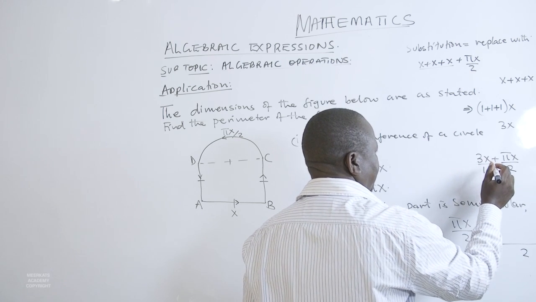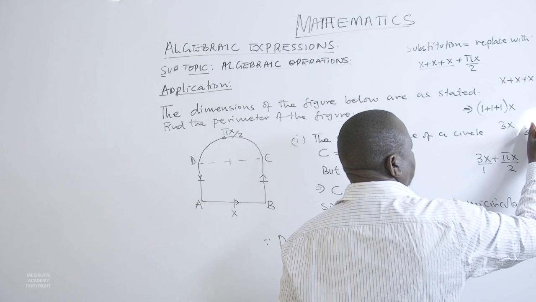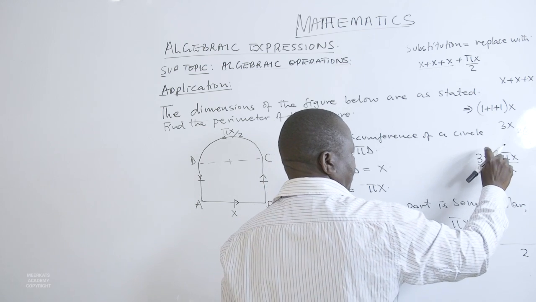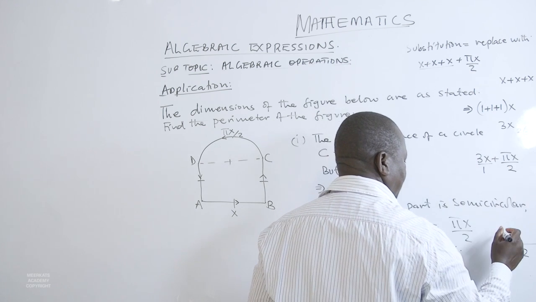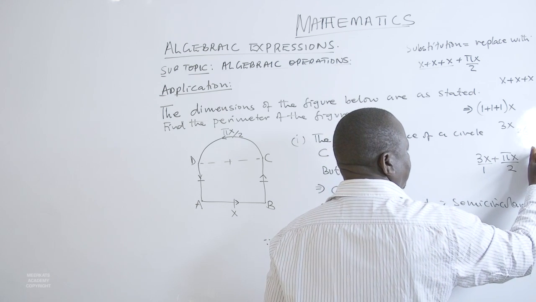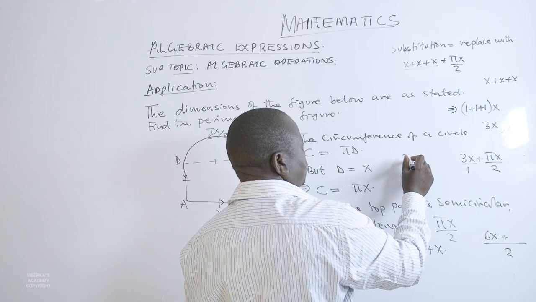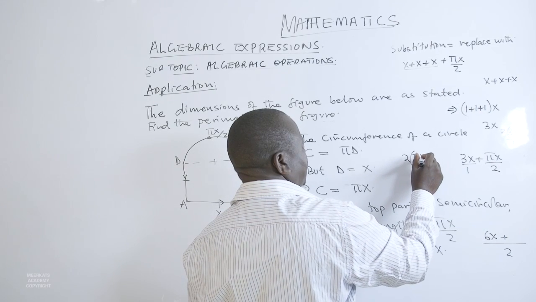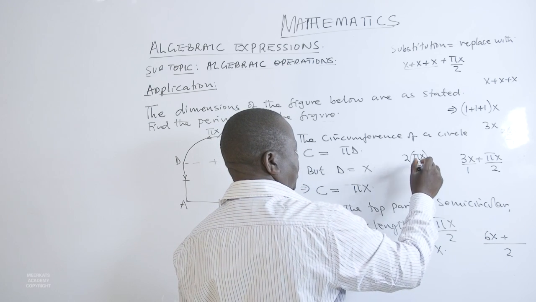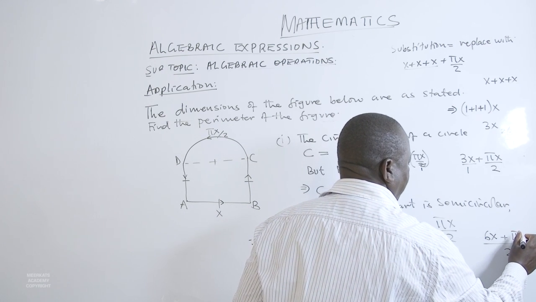So we multiply 3x by 2 over 1, which gives us 2 times 3, you get 6x. Then here we have 2 into pi x over 2, where we divide by 2 and get 1, divide by 2 and get 1. So that gives us pi x.